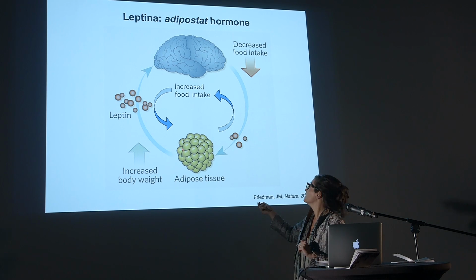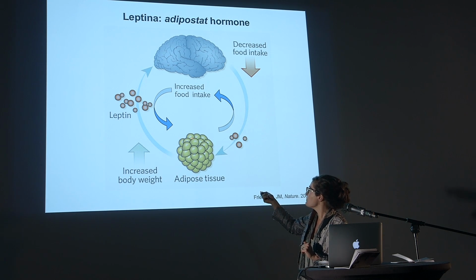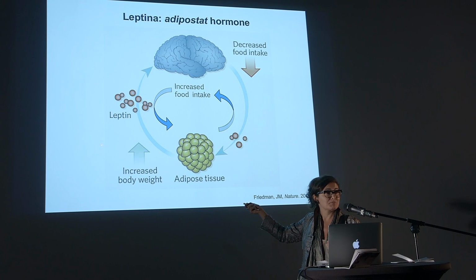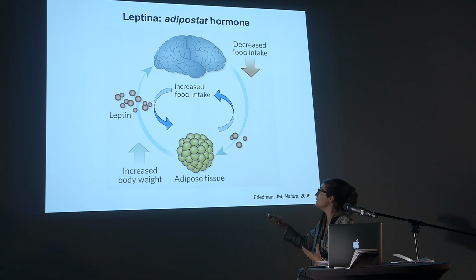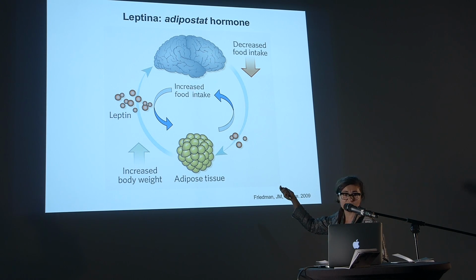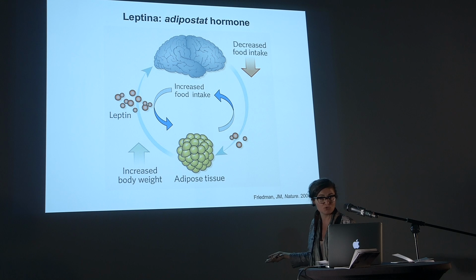We'll get into that. So the adipose tissue produces the hormone leptin in amounts that are proportional to the amount of fat. So the more fat you have, the more leptin you have. And the more leptin you have, the more it's going to signal in the brain to tell you to stop eating. So that will decrease the food intake, which in turn is going to reduce the amount of fat, and thus the amount of hormone that the fat produces.